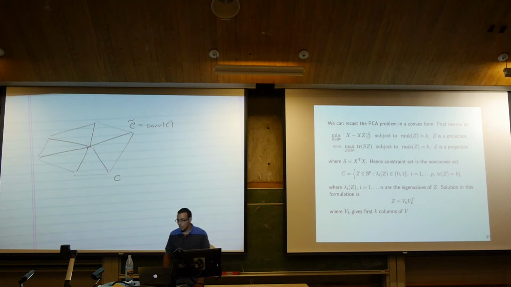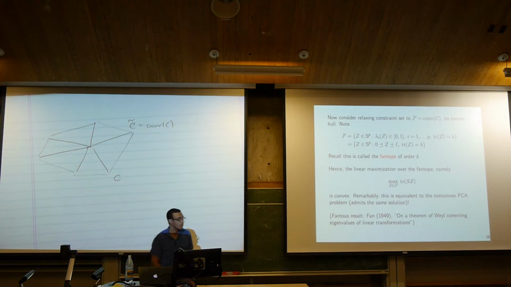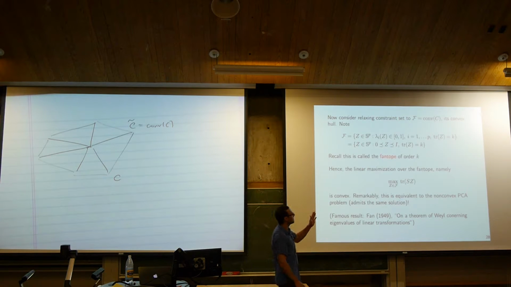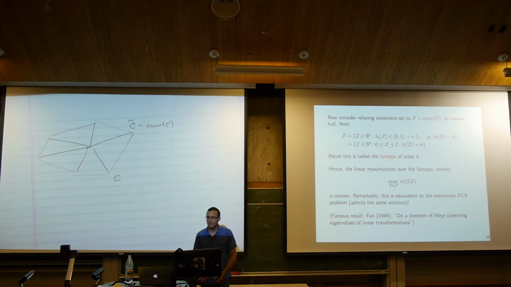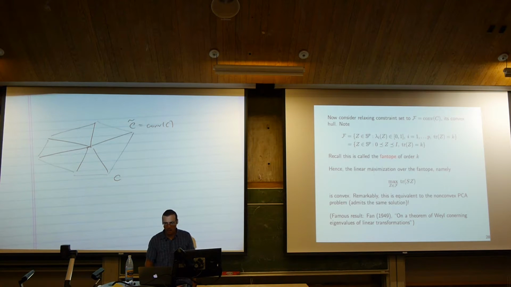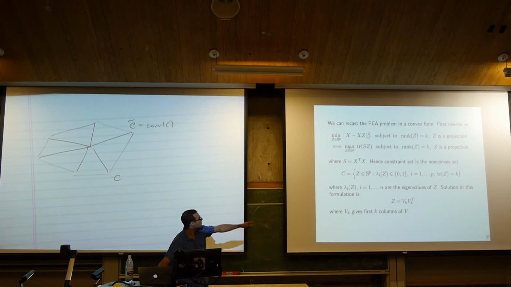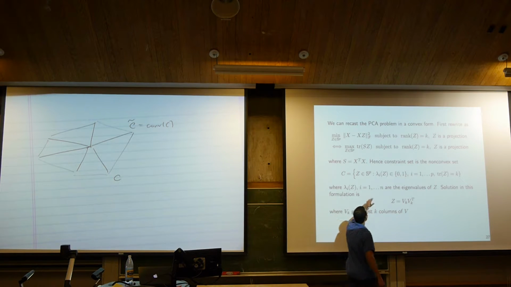So first, I'm just going to state this, and I don't think it was on your homework, although it would not be a bad idea to try this as an exercise. I claim that the convex hull of this set right here you get by just allowing the eigenvalues to be between 0 and 1, inclusive.